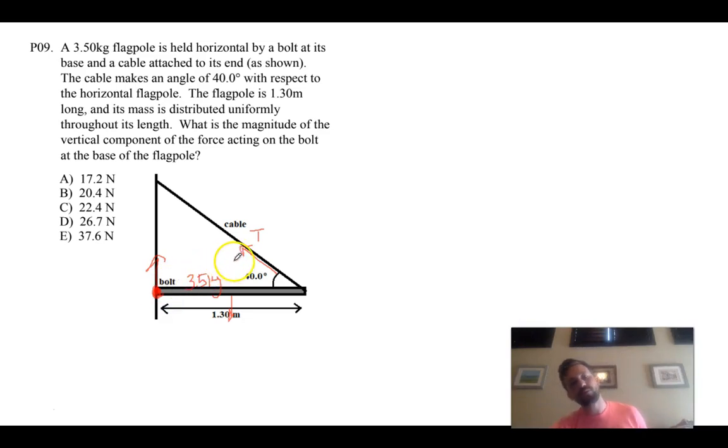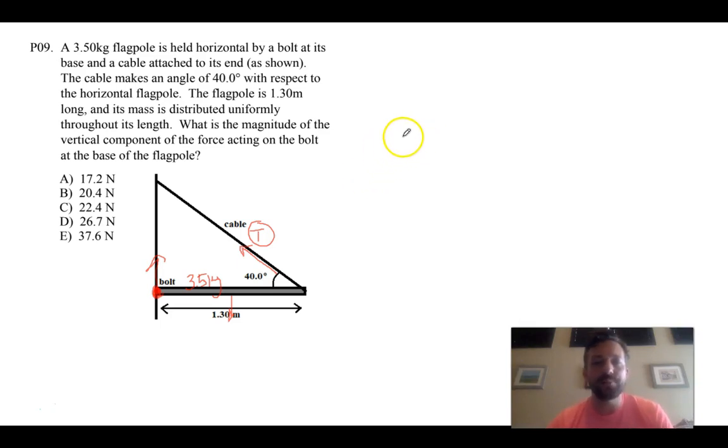Now it's kind of a weird problem. The first thing that you want to do is find the tension. Okay, and let's just find tension first because I know you know how to do that, and then we'll explain how we would break it up because I think it'll be easier to explain once we have tension how to find the vertical component of this bolt force.